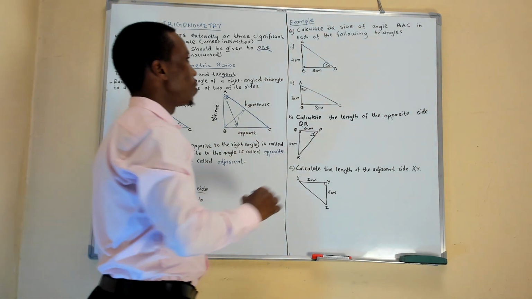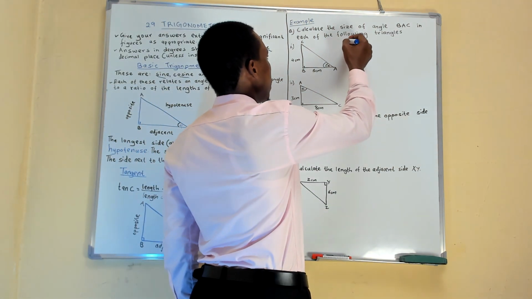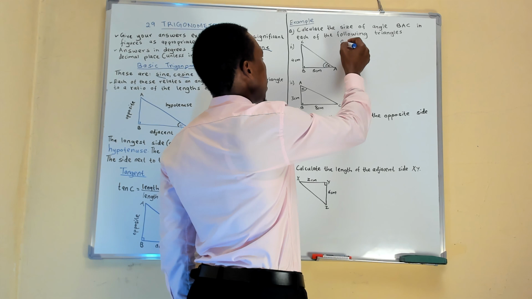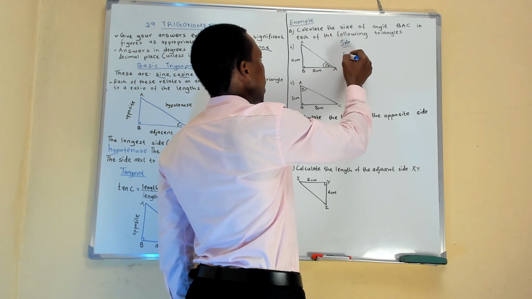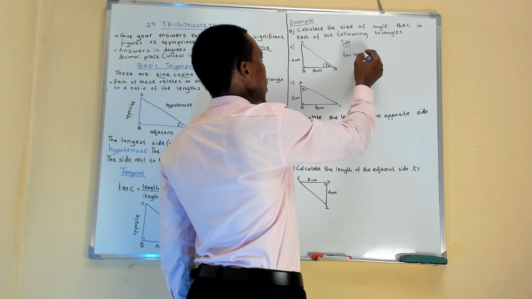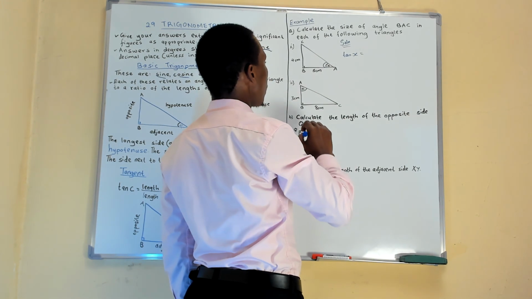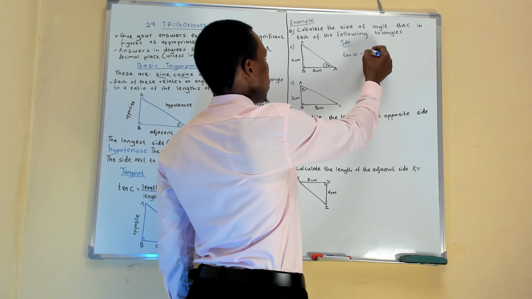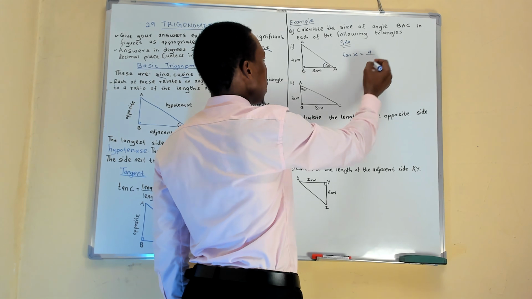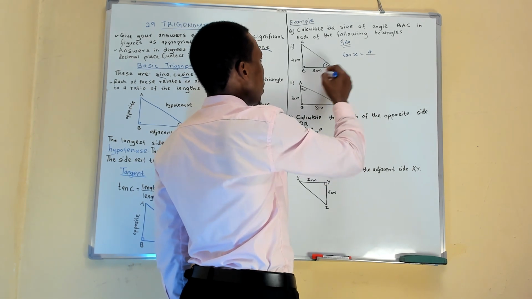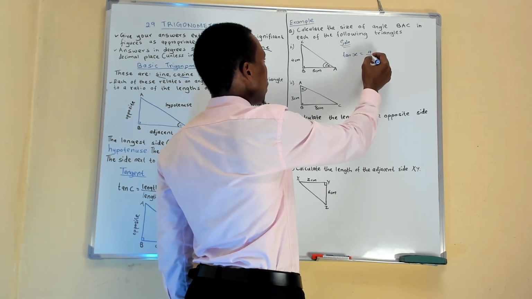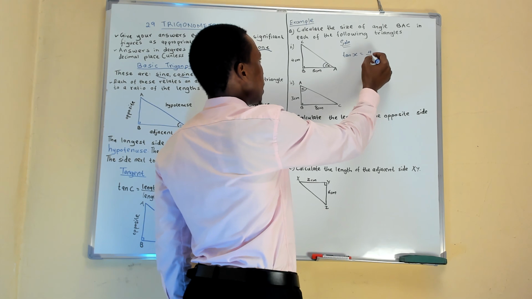The solution is here: tan x is equal to the opposite, which is 4 centimeters, divided by 5, which is the adjacent.